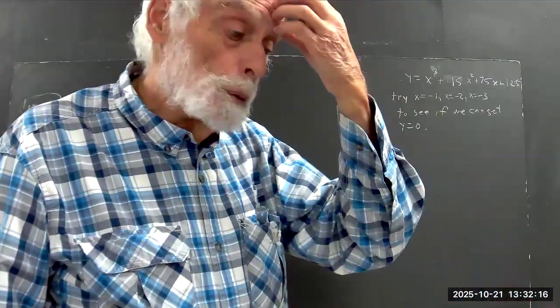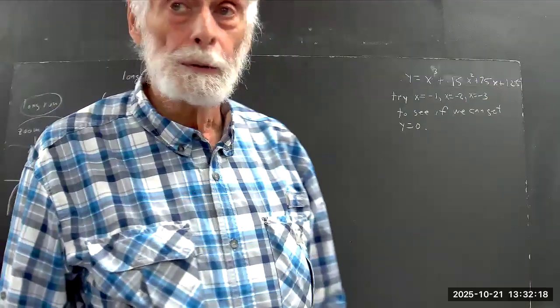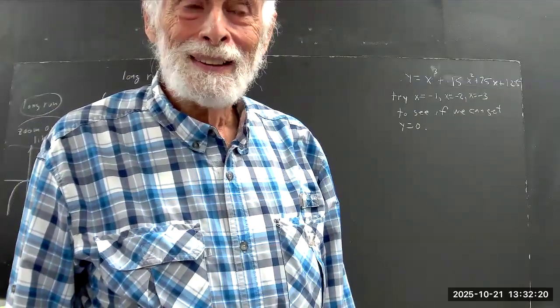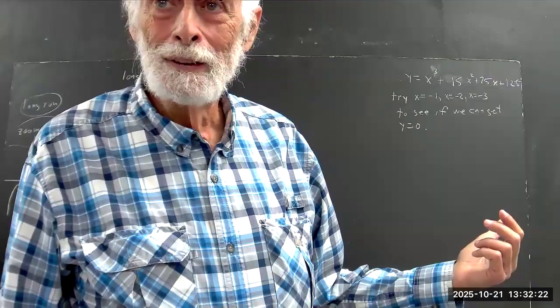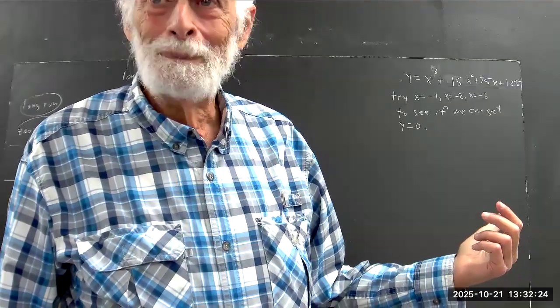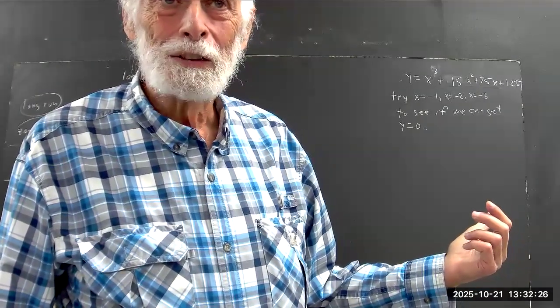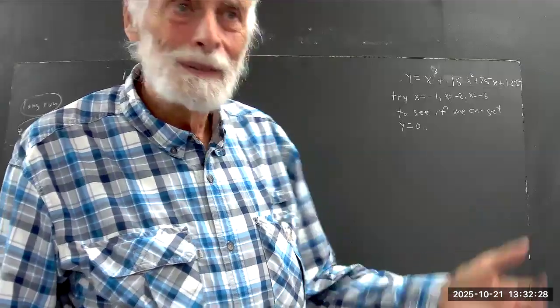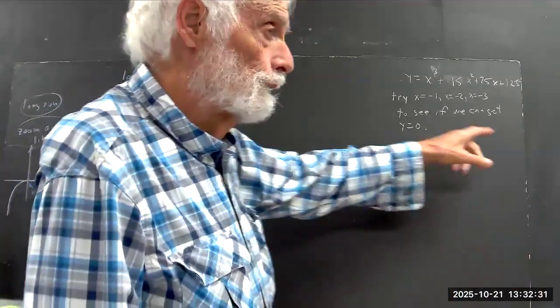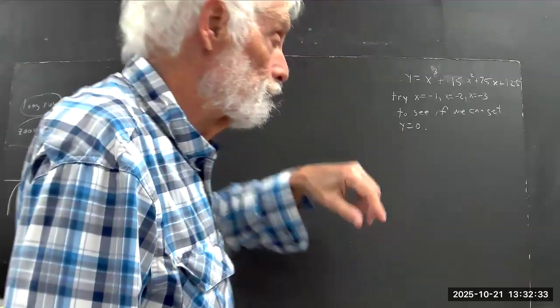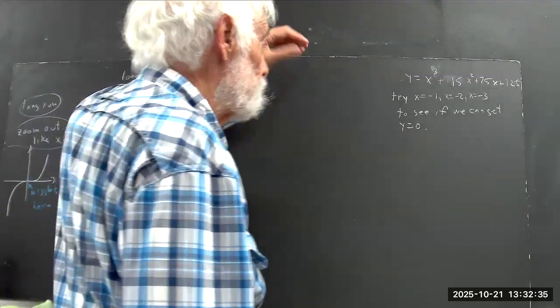Okay? In the real world, if you got a polynomial that comes out in the real world, the chances that you're going to find a 0 by doing this is practically 0. Okay? It just doesn't happen in the wild. But in the ideal case, it does this, and it's kind of important to understand this. So let's see what happens.